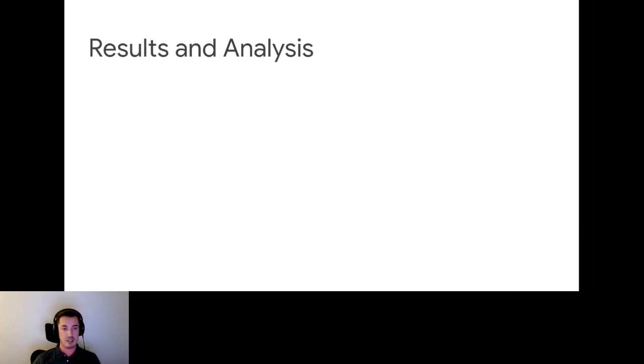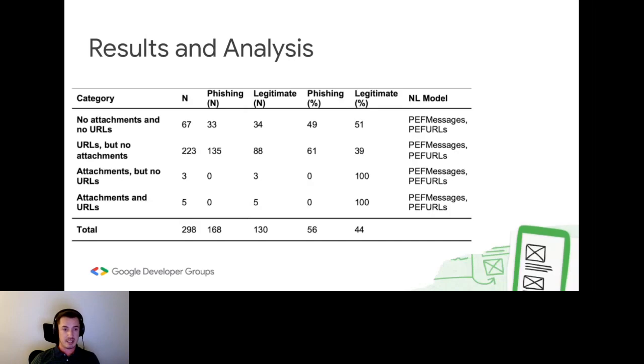In more detail, over here you will see the ratio between that. The last one, attachment but no URL, and URL, actually has 100% of them being legitimate, right? So based on all of that, we get 100% over there.